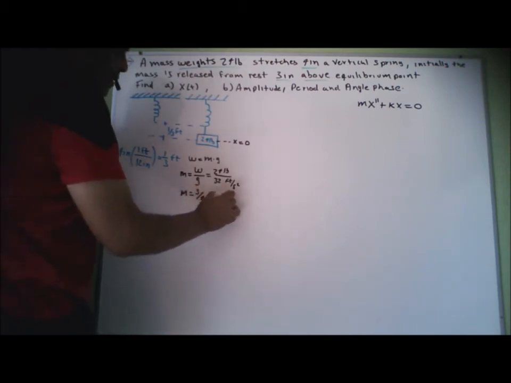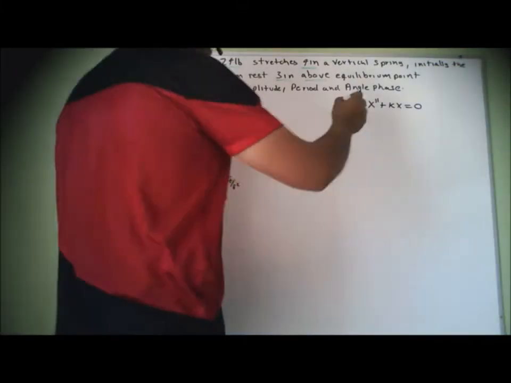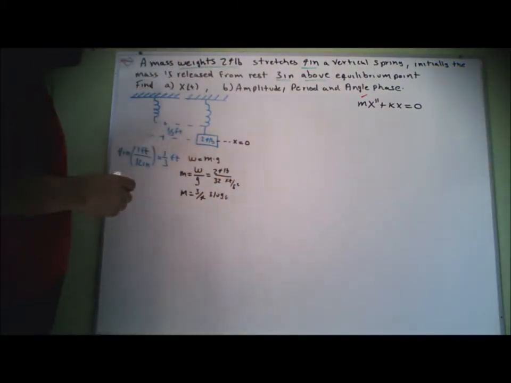Now, this is in English units. We are not used to English units; we are more used to the metric system, which means meters, kilograms, newtons, and so on. But here is the measurement for the mass. So we got this number.